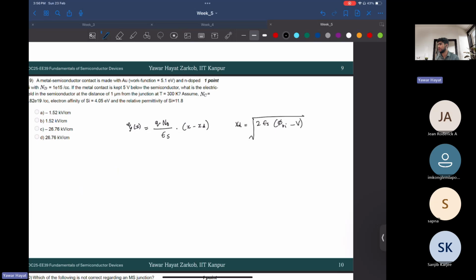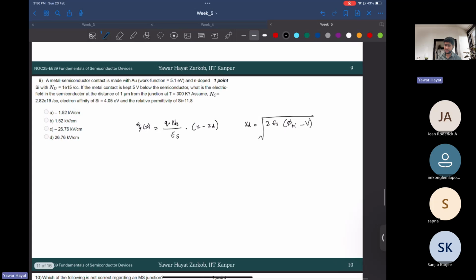So in this problem, where the metal contact is kept 5 volts below the semiconductor, and the semiconductor is N-type doped, we are applying a positive potential of 5 volts on an N-type semiconductor, right? That would be reverse bias, so your V would be minus 5 volts.